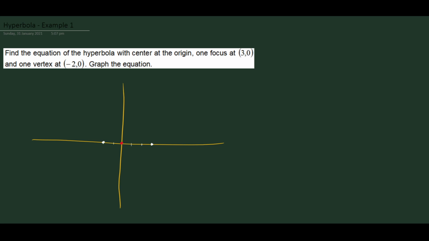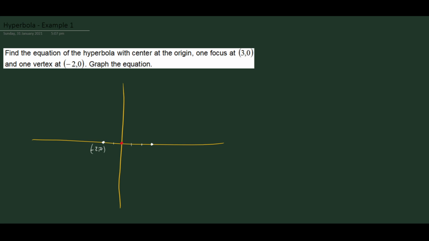Okay, so what are the variables that we need in order for us to get the equation? We need a and b, right? So do we have an a here? The a is from the center to the vertex, because we are already given this (-2, 0), which is a vertex.